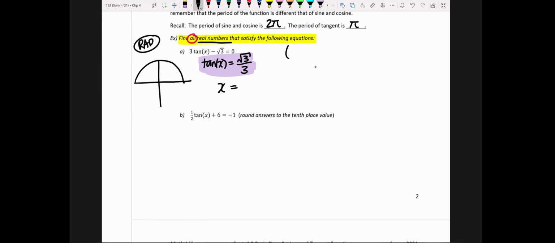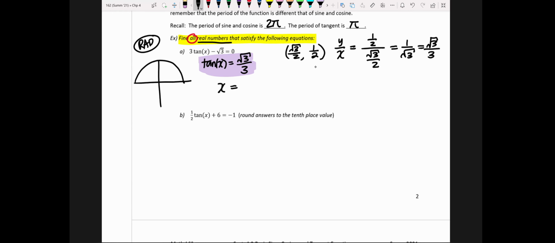Tangent is going to be root 3 over 3 when your x coordinate is long leg and your y coordinate is short leg. Because when x is long leg, y is short leg, then that means that y over x, 1/2 over root 3 over 2, simplifies to 1 over root 3, which is root 3 over 3.